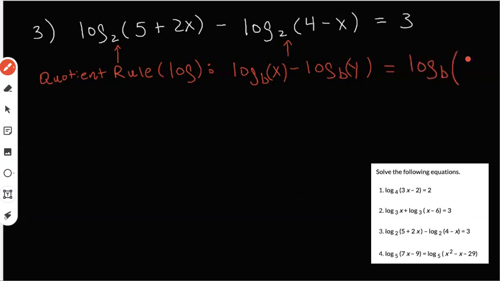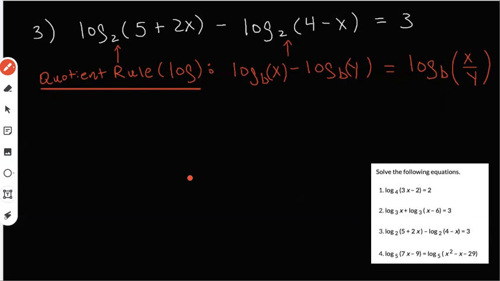So on the inside of the parentheses, you'll have x divided by y. Notice the base didn't change. What changed is on the inside of the parentheses, where we had x minus y, now we have x divided by y. So that's the quotient rule.